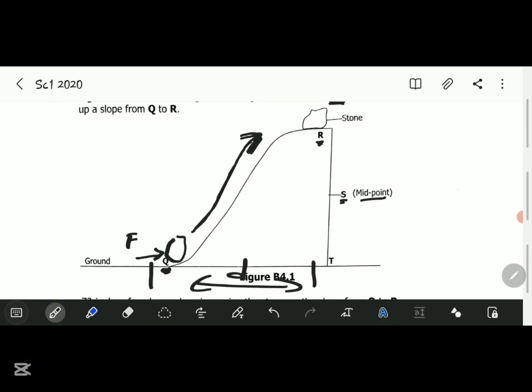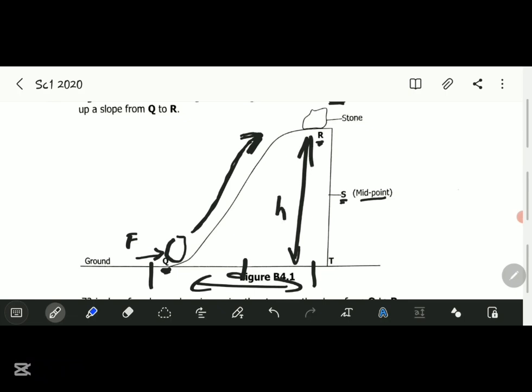But the work done on the stone is just the gain in gravitational potential energy of the stone. Remember, gravitational potential energy is work against gravity. No wonder it does not depend on the path taken, but only on the change in height.